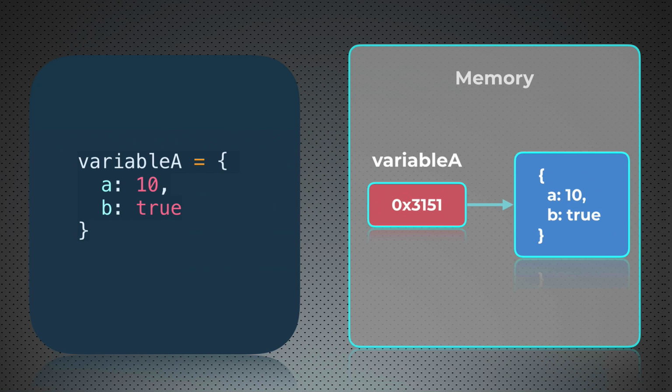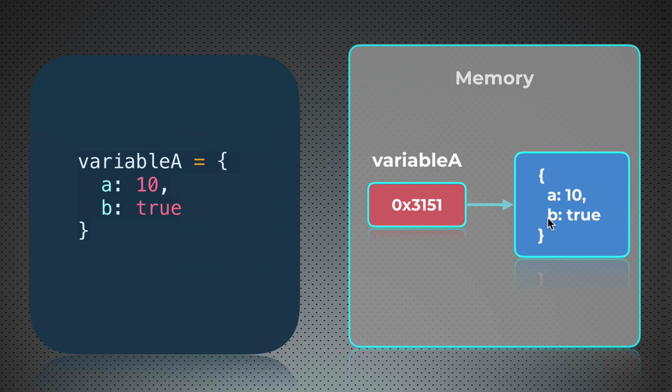And in this example, we assign this value, that is an object with two name-value pairs, to variable a. And in the memory, variable a will hold a pointer, not the value itself, just a pointer. And the value will be located in a separate place in memory. And this pointer will point to this place in memory.